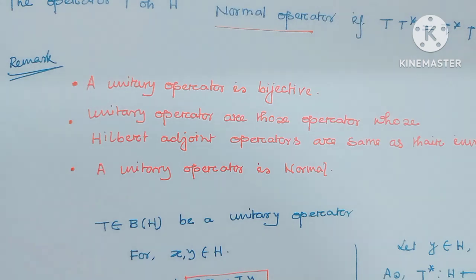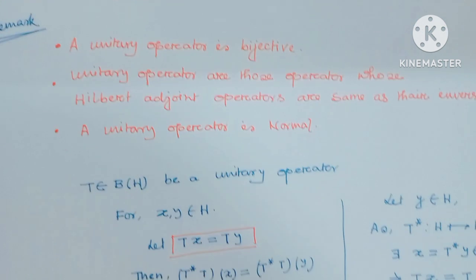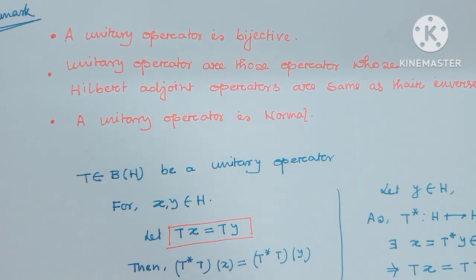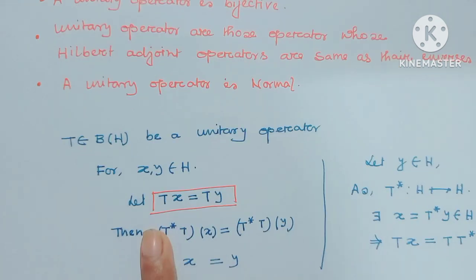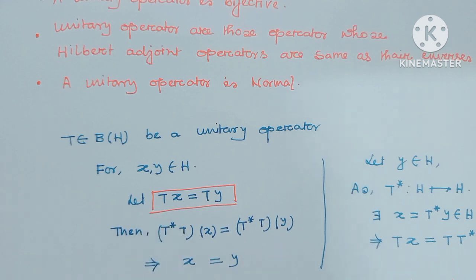The first remark is that a unitary operator is always bijective. Let T be a bounded linear operator which is unitary. Consider two points x, y belonging to H such that Tx equals Ty.